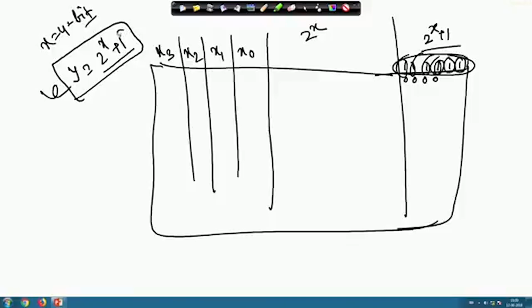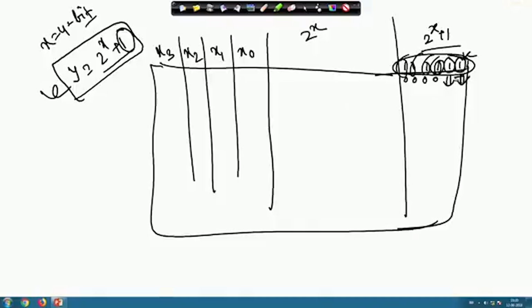As I am adding only 1 at the LSB position, it affects the LSB bit of 2 to the power x and the corresponding bit which is just adjacent to the LSB, that means next to the LSB.